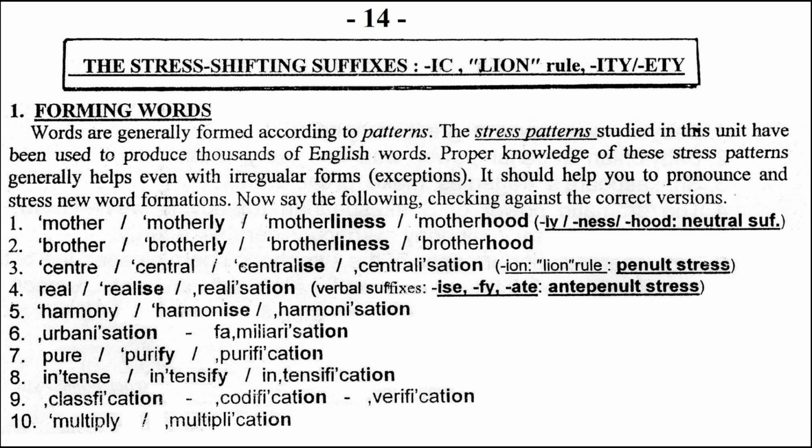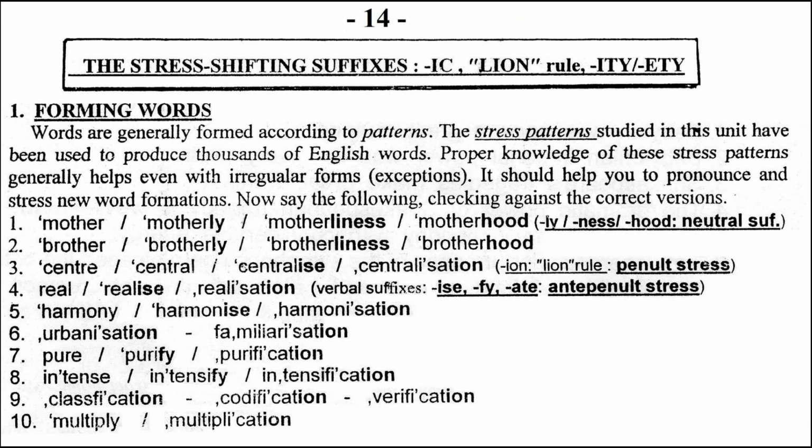In center or central, the primary stress is on cen. So we turn this primary stress to a secondary stress in the word centralization. So the secondary stress is on cen because we have derived it from the root. So we call this rule for secondary stress derivational secondary stress.